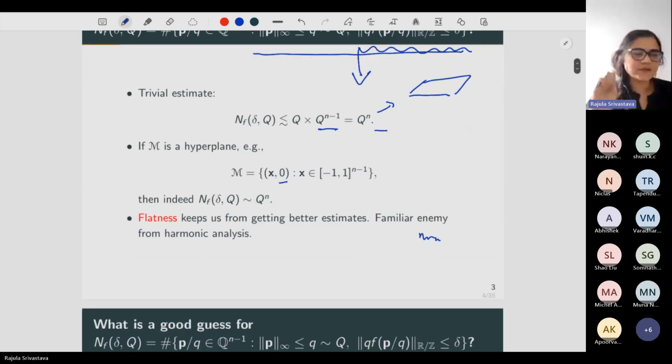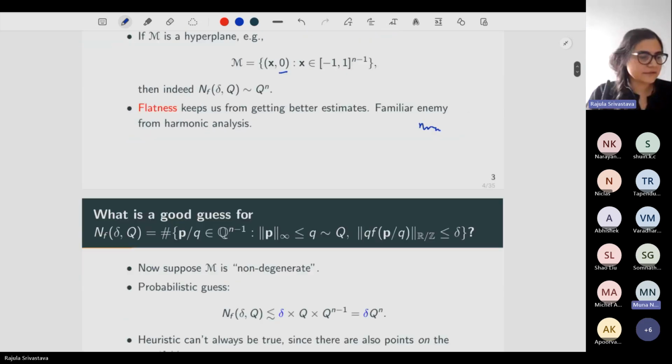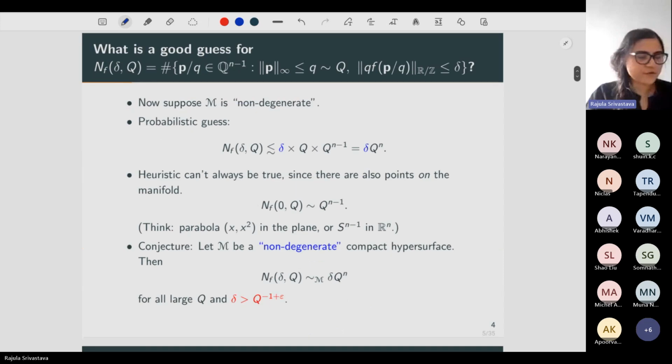Okay. So the intuition I want to give from here is, if your hypersurface is curvy, it has more of a chance to miss these rational points, and you can hope to get something better depending on how close you are to your hypersurface. But in order to prove a nice general theorem, you have to disallow these completely flat cases.